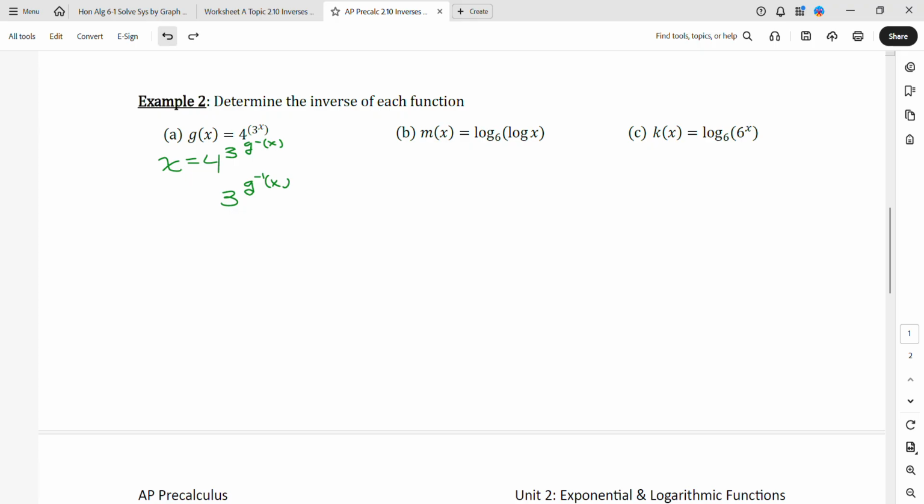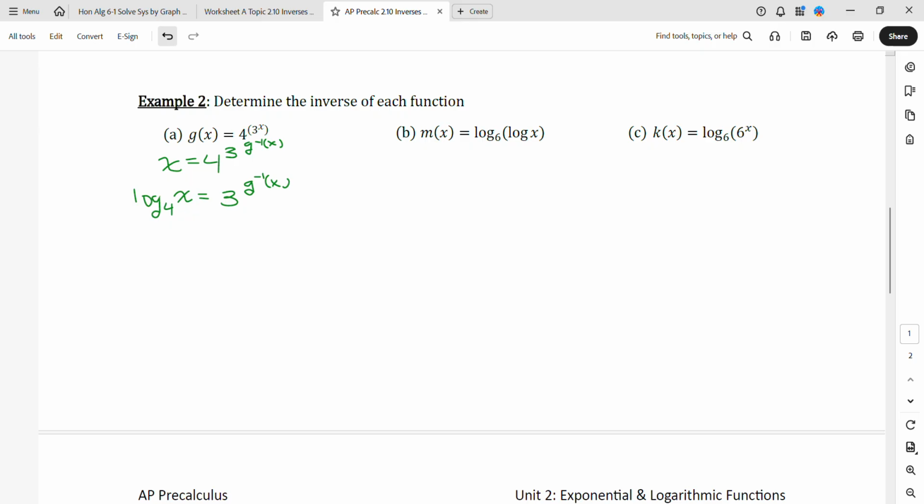Equals log base 4 of x. Is this going to be a log over a log? Kind of.